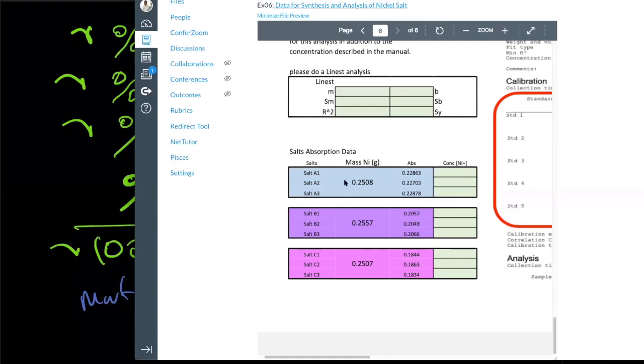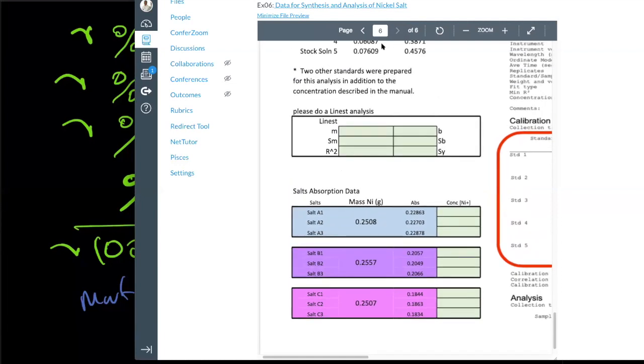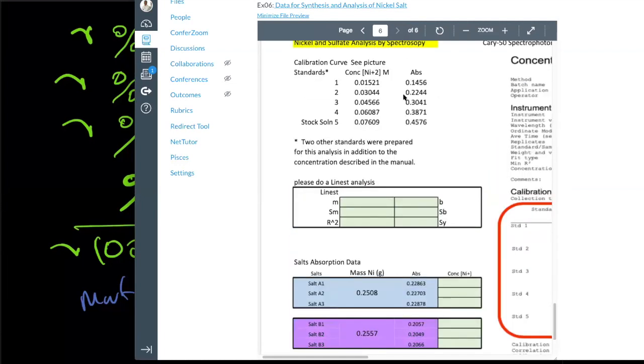Okay, and the data you used to establish the concentration curve was created from just the normal solutions, right? Yes. Right? Yeah, right. Okay, cool. Thank you. This data right here was just from normal solutions. This was not the salt. This was your nickel starting material, because all you're doing is monitoring nickel concentration. Okay, cool. You're monitoring nickel concentration.